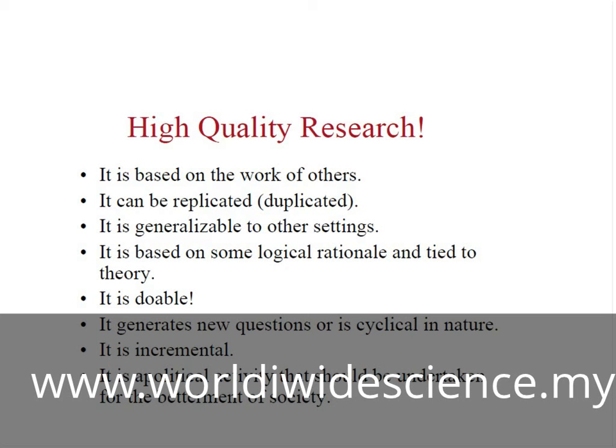Okay, so when you have a lot of reading, then you can do the new research. It means your research is based on the work of others, but it's a new thing. So for example, previously people did something and then you continue it, you improve it. So this is very important. So the first thing is based on the work of others.